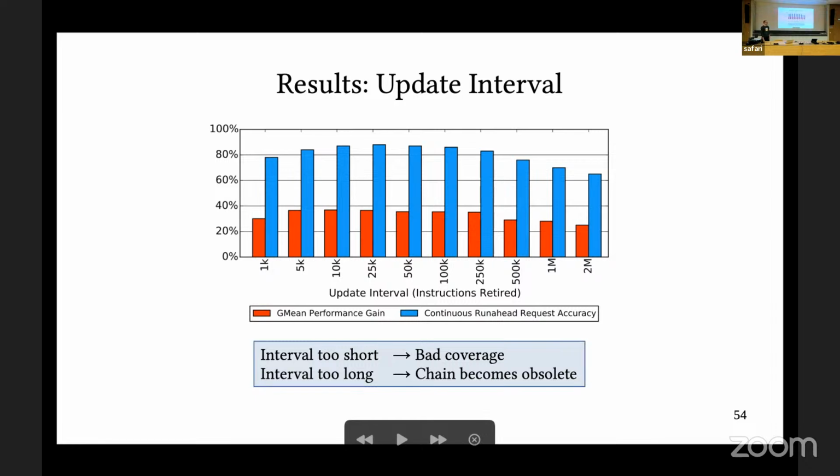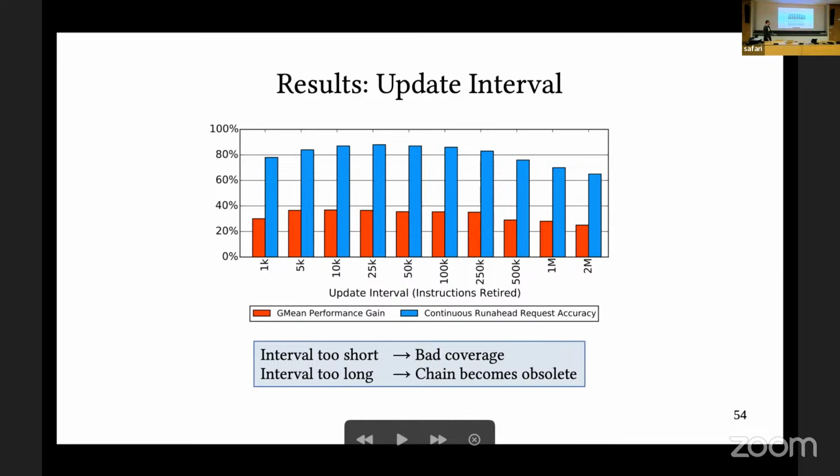If the interval is too short, we run into the same issue again, that we don't get to do a lot of what we could, same as before when the stall window was constrained. If the interval is too long, then we have a chain executing, but the CPU really moved on. It's not interested in what we're prefetching anymore, so the accuracy drops as well for higher values.